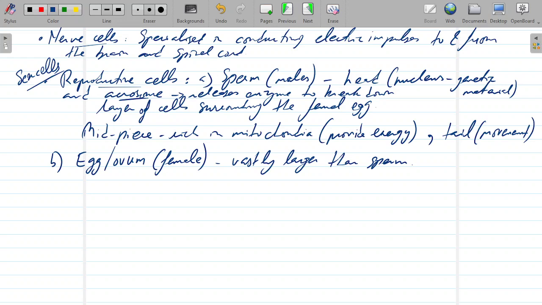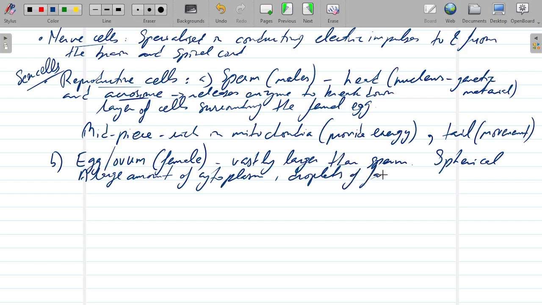It's that big. They are spherical in shape, and they have a large amount of cytoplasm, and droplets of fat and protein, and obviously they also carry genetic information.